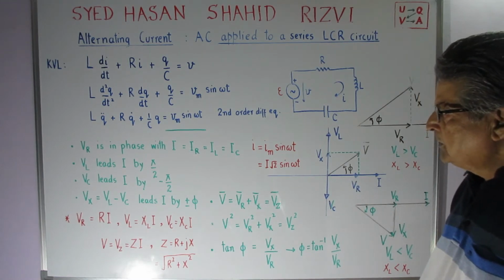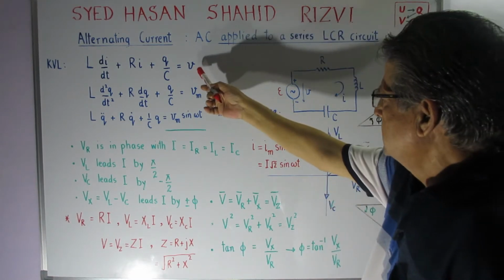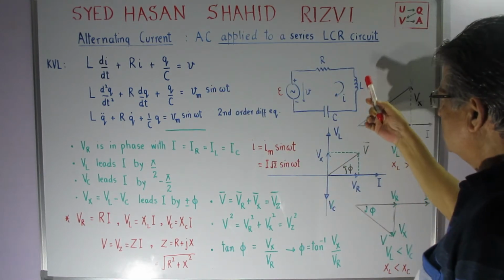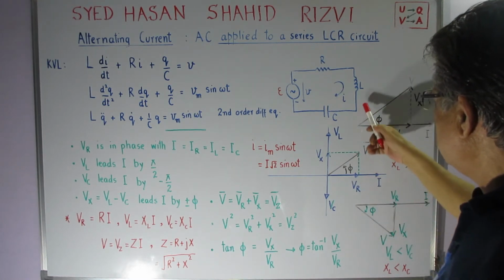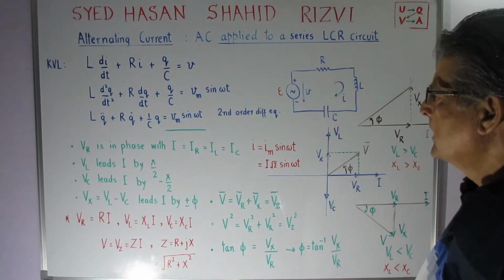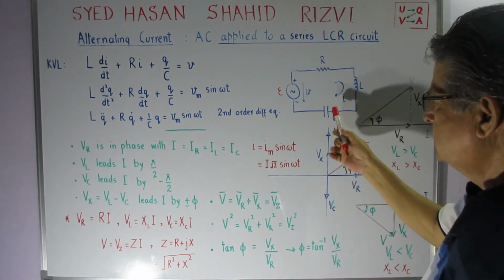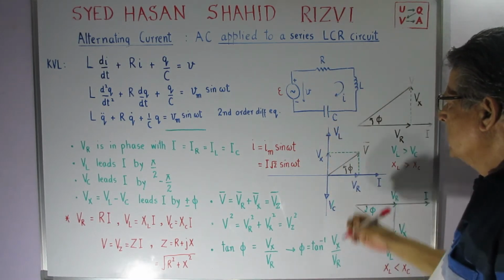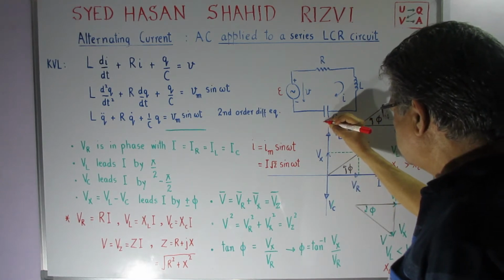So I can write from the KVL. For L, of course, V is equal to L di dt across this inductive element, and is equal to R into I, using Ohm's law across the resistor, and Q upon C across the capacitor, where in this situation the current is flowing as it has been shown.